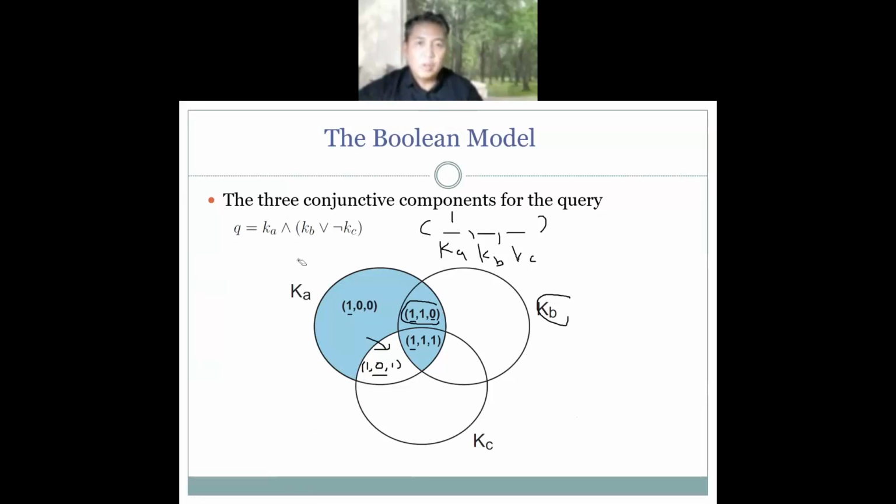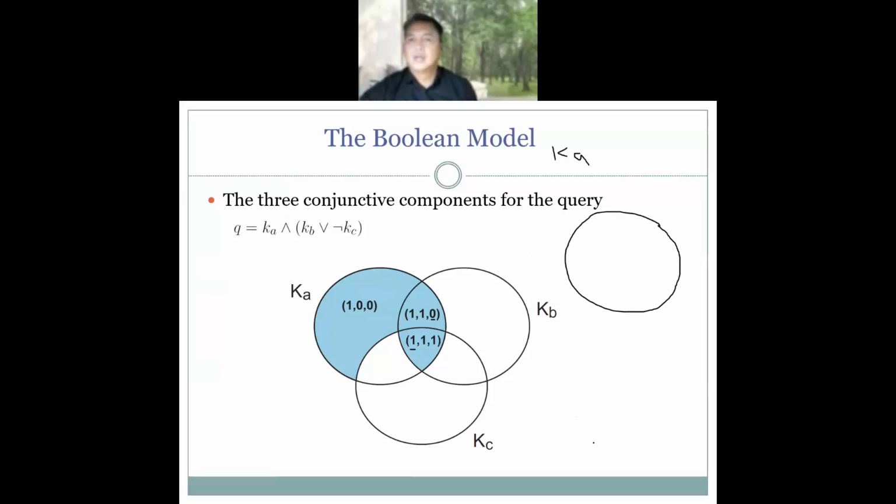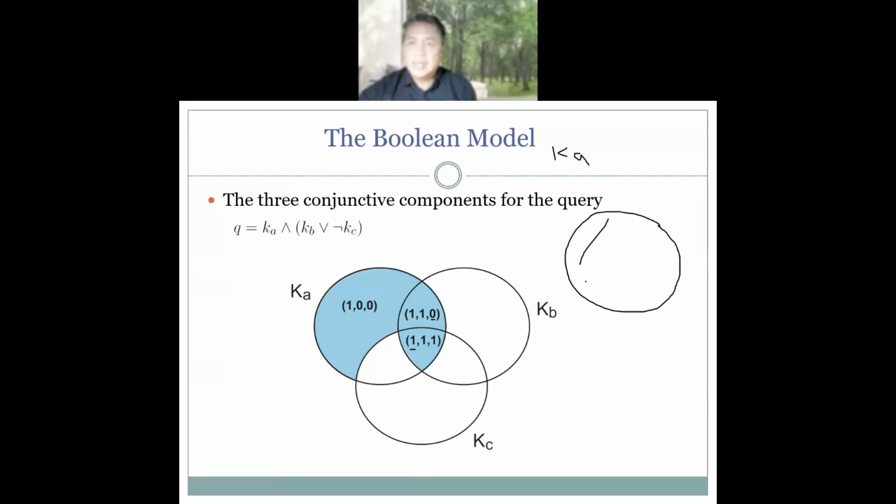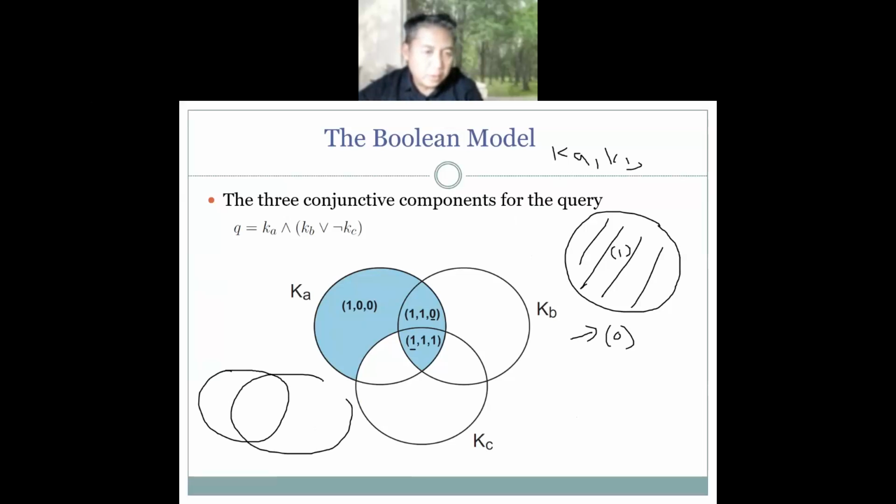But if we simplify this to only 2 keywords, let's start with 1. If we only have keyword KA, then if you are in this area, your pattern is 1 here. But if you are outside, this is 0. If there are 2 variables, you will have 2 sets.